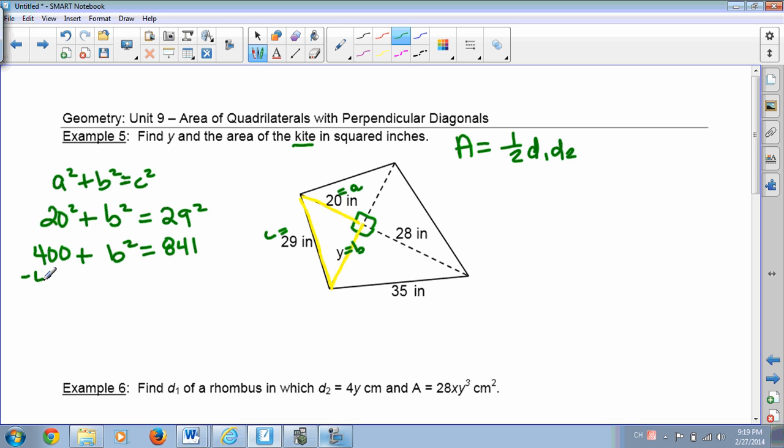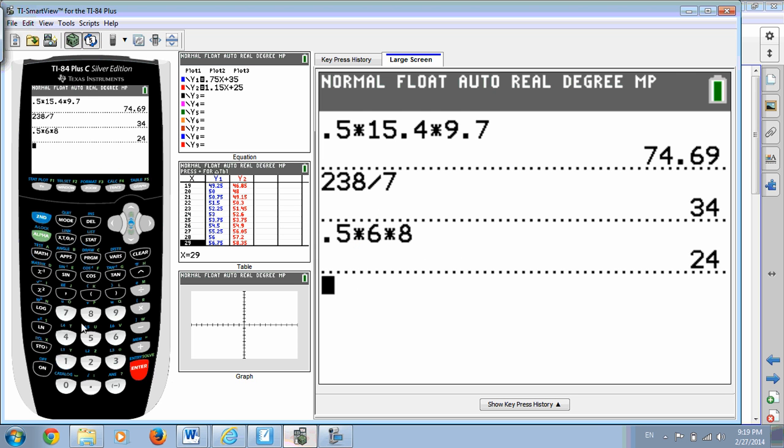Okay, subtract 400 from both sides. So B squared is equal to 441. Okay, I need to find the square root of 441. Second, x squared gives my square root of 441. And we have a nice whole number of 21.